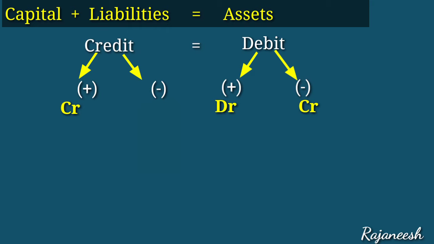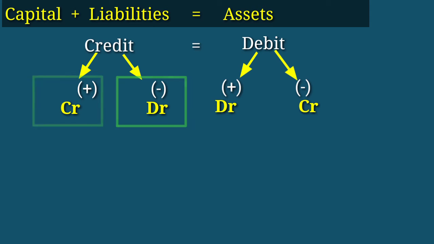We will credit it. And if credit nature is decreasing, we will debit it, just the opposite. That means if capital or liability is increasing, we will credit it. And if capital or liability is decreasing, we will debit it.